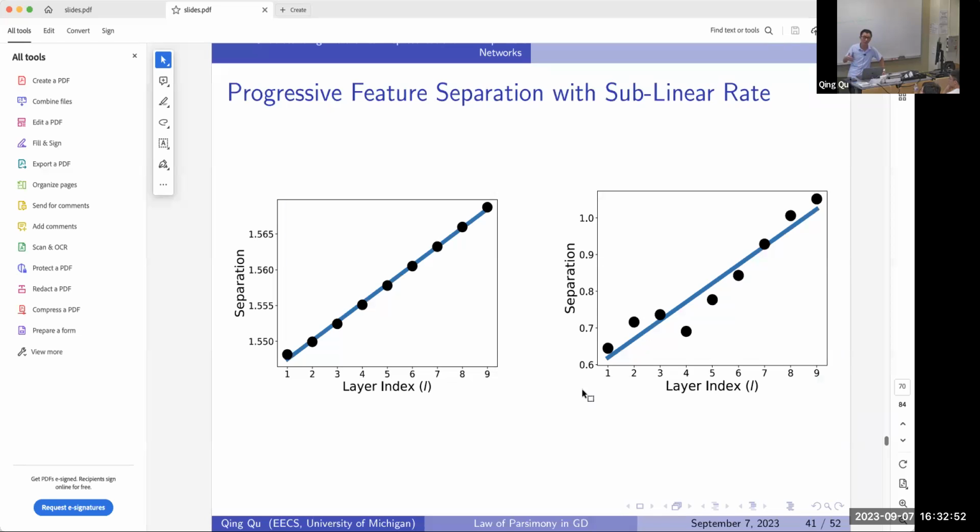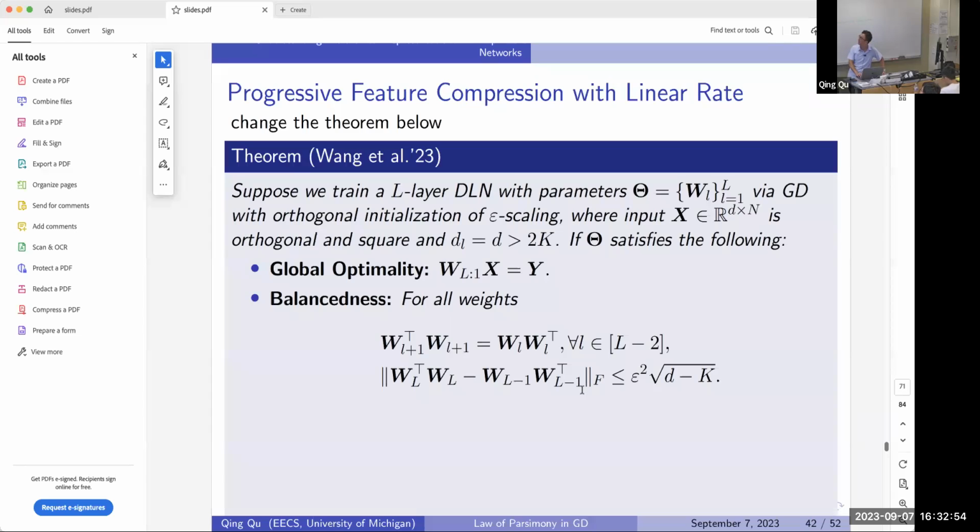law of parsimony, that the training only happens within an invariant low-dimensional subspace.